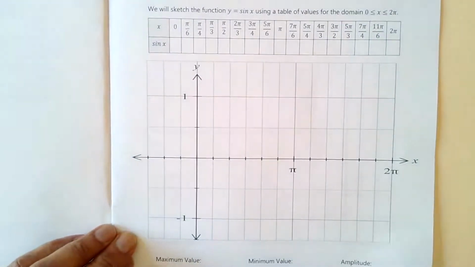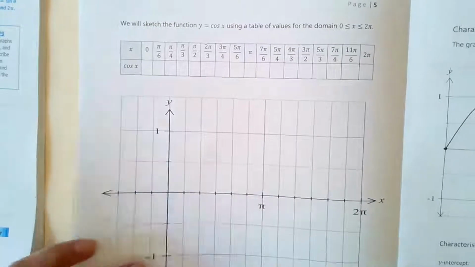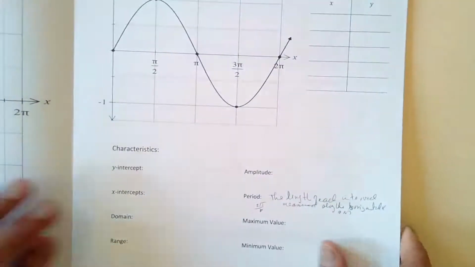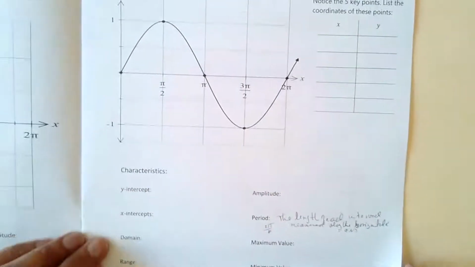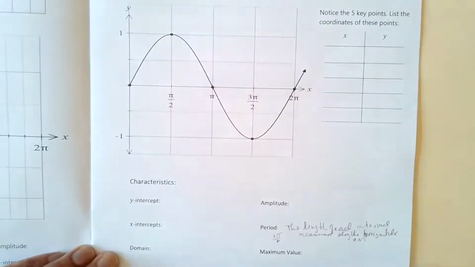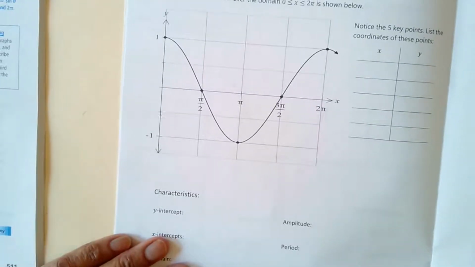So try this, this is sine. And here we have one for the cos. And in the next lesson, I'll be looking in more detail at the characteristics of a sine function and the characteristics of a cosine function.